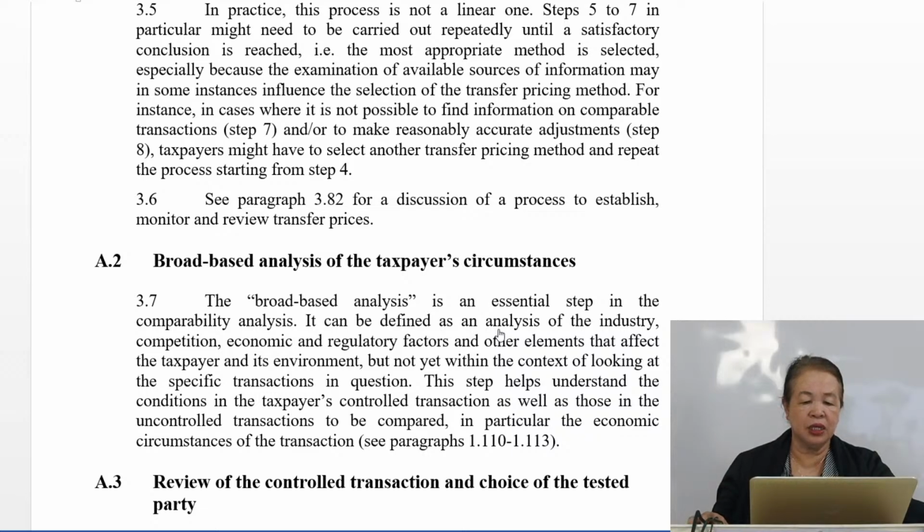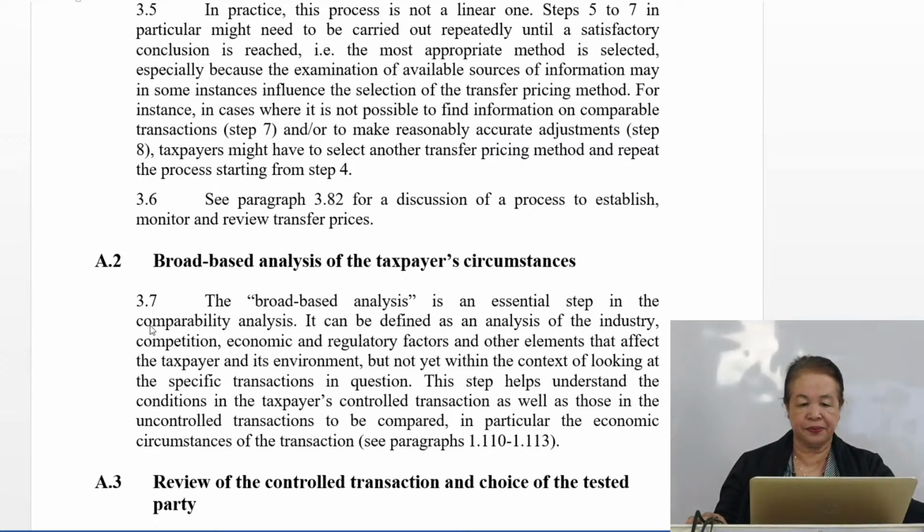The most appropriate method is selected especially because the examination of available sources of information may, in some instances, influence the selection of the transfer pricing method.